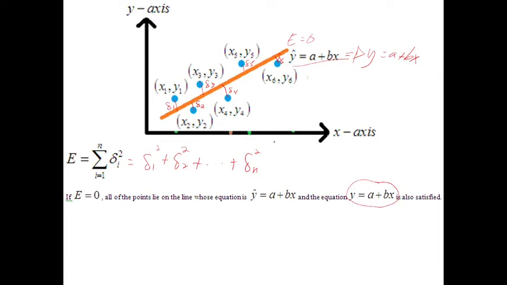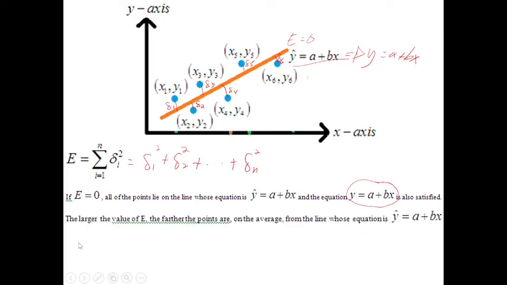So hanggang 6 yan. Delta 1 squared plus delta 2 squared plus delta 3 squared plus delta 4 squared plus delta 5 squared plus delta 6 squared. So, yun yung pagkuha ng value ng E. Pag yung E natin ay 0, all of the points lie on the line.